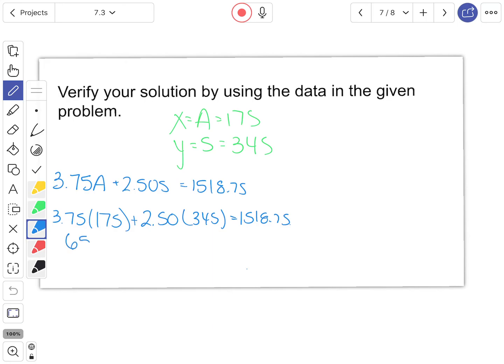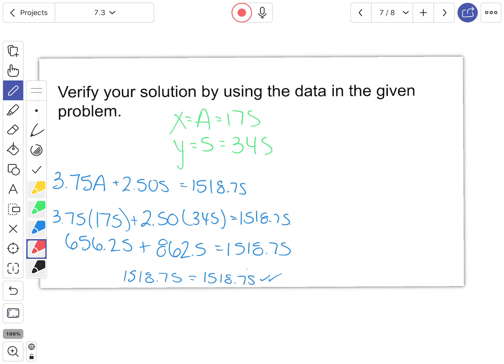I get 656.25. And 862.5 equals 1518.75. Now if we add these two together, the left side is 1518.75, and our right side is still the same number. Because the left side equals the right side, looks good.